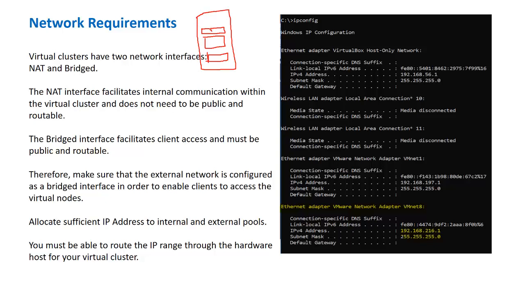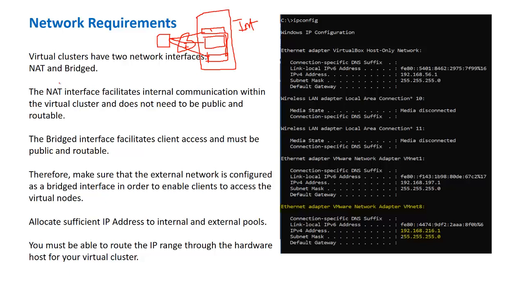For internal communication, we need an internal network. For external communication, through which the clients and users can access the resources on the cluster, we need the external network. So the internal network is for communication within the cluster, whereas the external network connects the external nodes to the ISILON cluster.